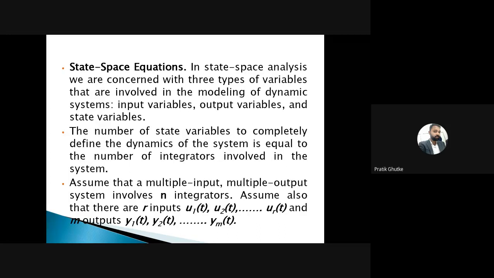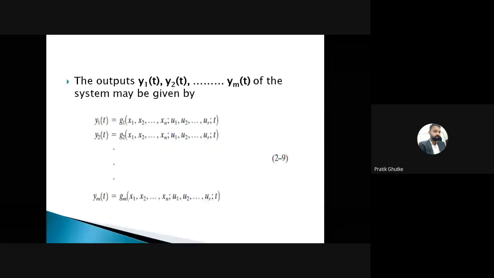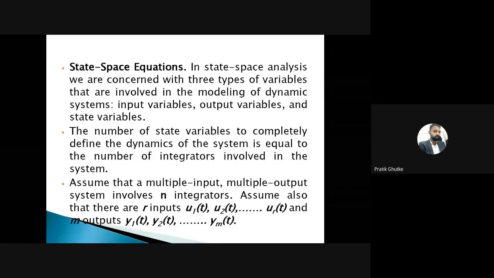Yes. Now, what are these equations? The definitions we have seen: state, state variable, state equation, and then state space. Now what does the state space equation actually mean? In state space analysis, we are concerned with three types of variables involved in the modeling of a dynamic system: input variables, output variables, and state variables.